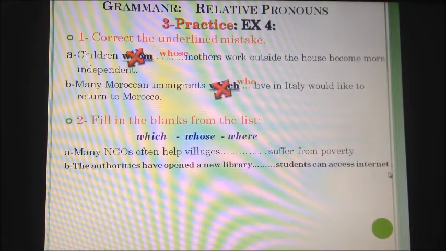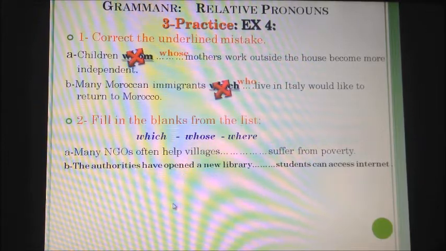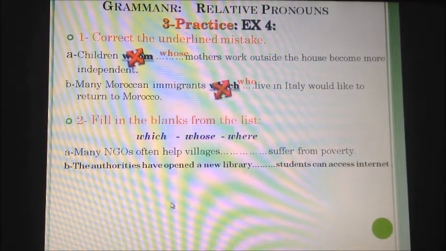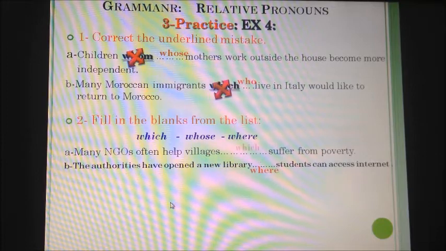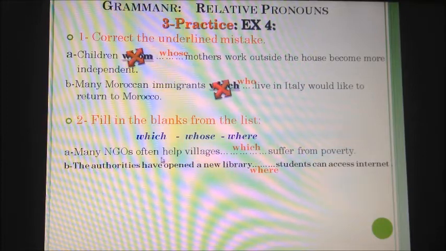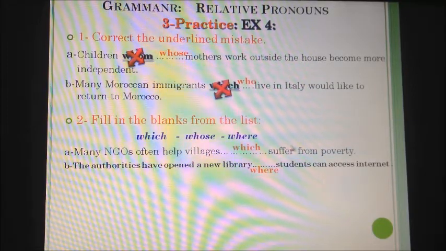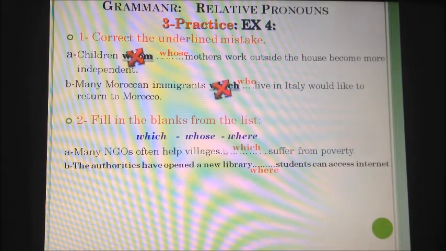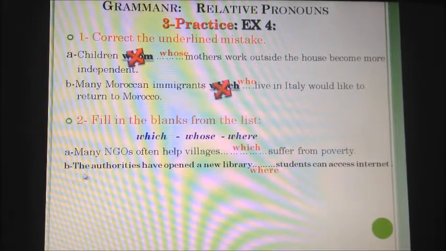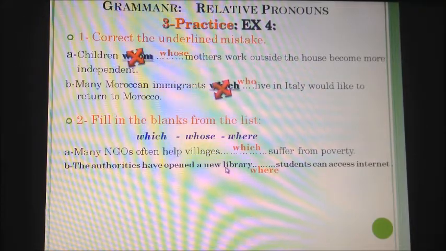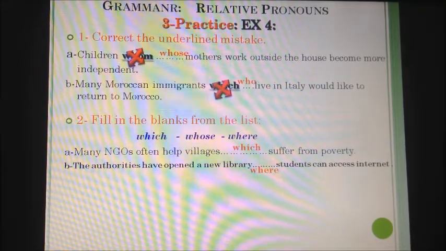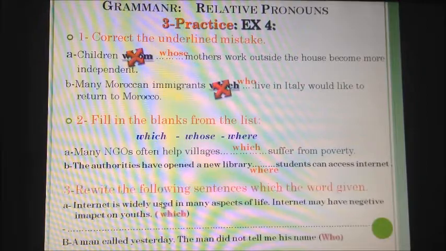Students can access internet in this library. Okay, so the correct answer for the first one is villages which suffer. So villages here, it's a subject. The authorities have opened a new library. It's a place where students can access internet and read books and so on.